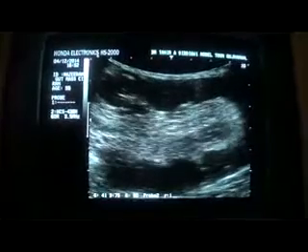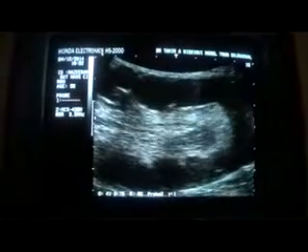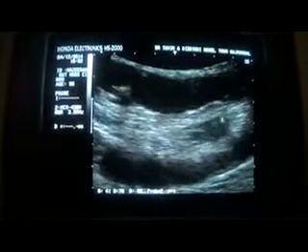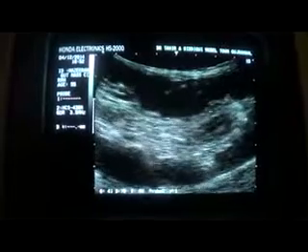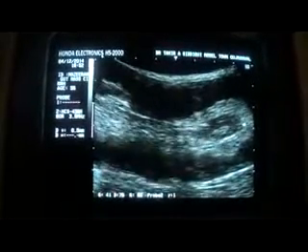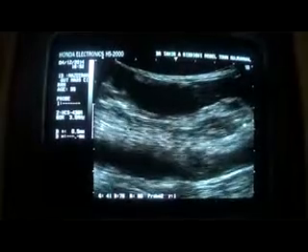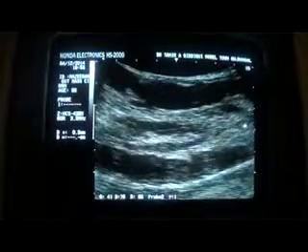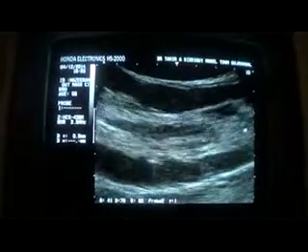So this is a collapsed segment of bowel, this area. Now movement is seen, yes. Peristaltic movement is seen. And this is the lumen.